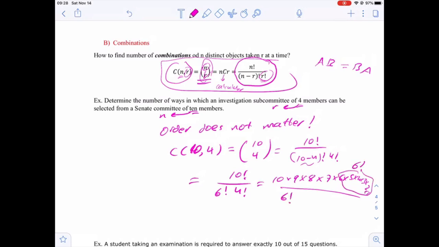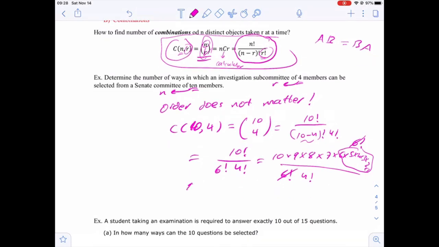In the denominator, we have 6 factorial times 4 factorial. We can cancel 6 factorial, and we have 10 times 9 times 8 times 7 over 4 factorial, which is 4 times 3 times 2 times 1. Then 8 over 4 is 2, 9 over 3 is 3, and 10 over 2 is 5, so we have 5 times 3 times 2 times 7.